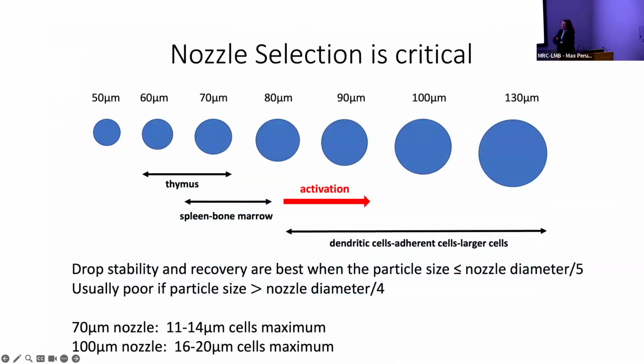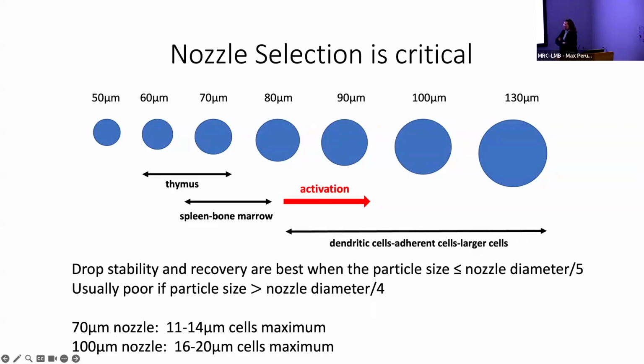I've talked briefly about nozzle selection, but it's really critical. We use a variety of different nozzle sizes depending on the type of cell or particle that we need to sort. And drop stability and recovery are best when the particle size is less than or equal to the nozzle diameter divided by 5.